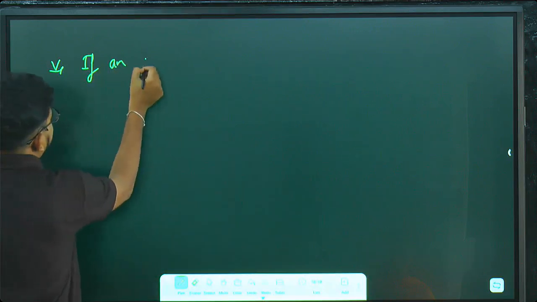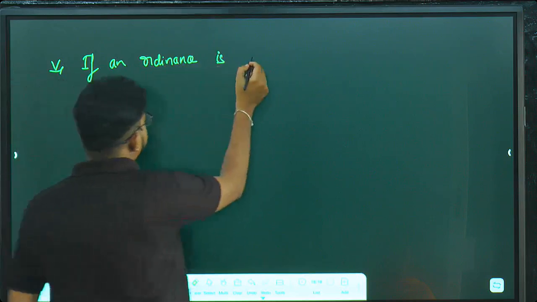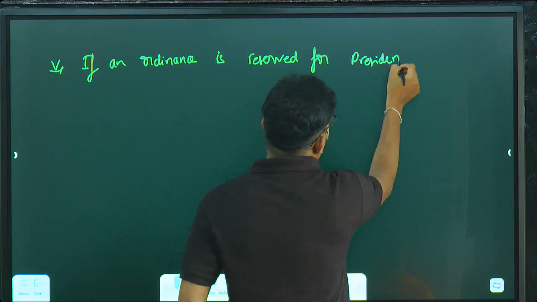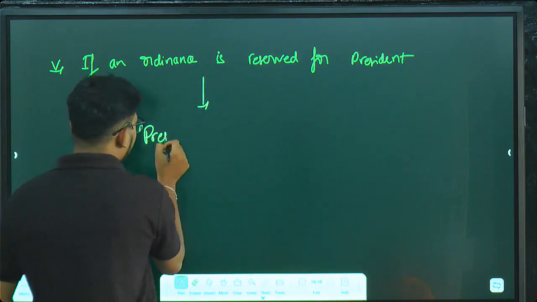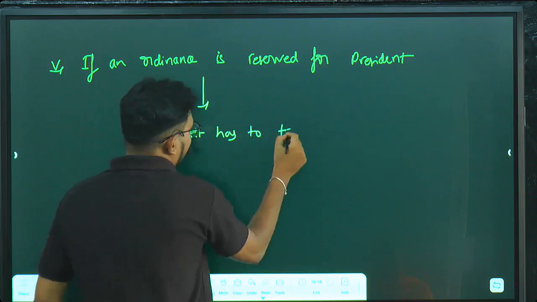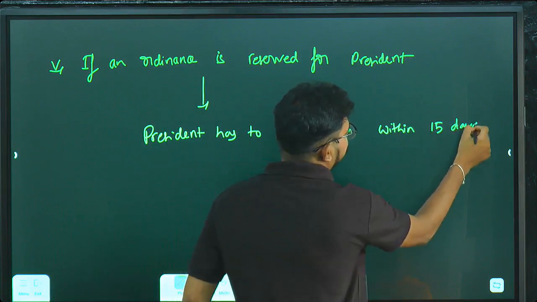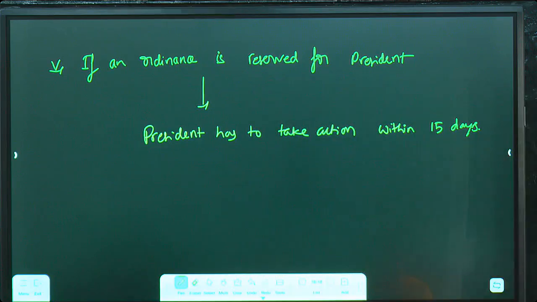If an ordinance is reserved for the president, the president has to take action within 15 days.